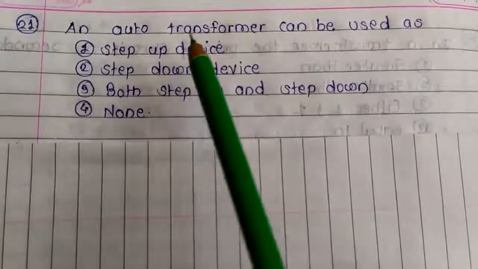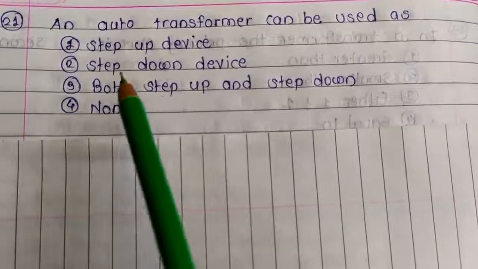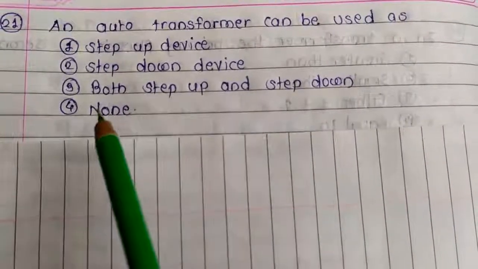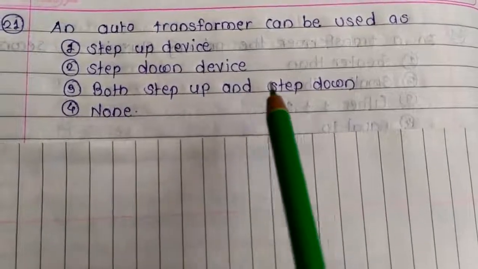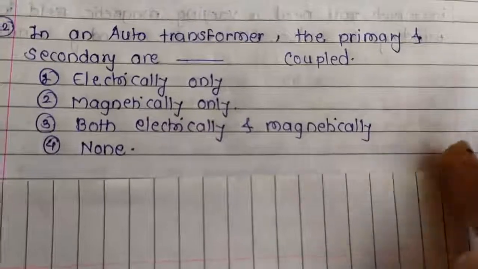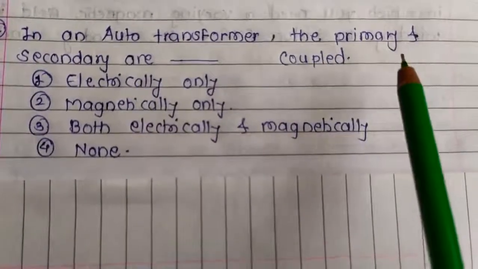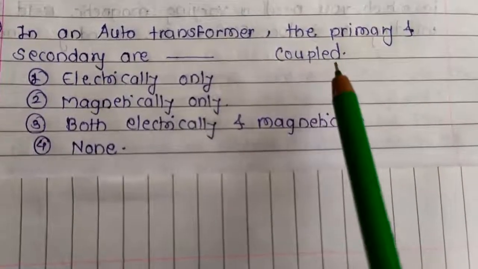An auto transformer can be used as step up device, step down device, both step up and step down, none. Answer is both step up and step down. In an auto transformer, the primary and secondary are dash dash coupled.